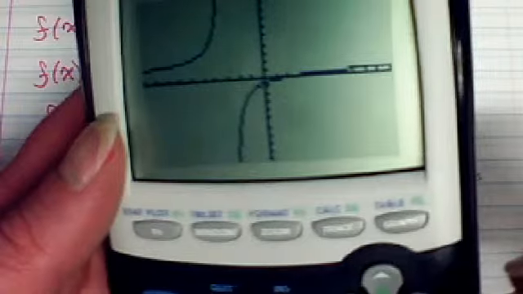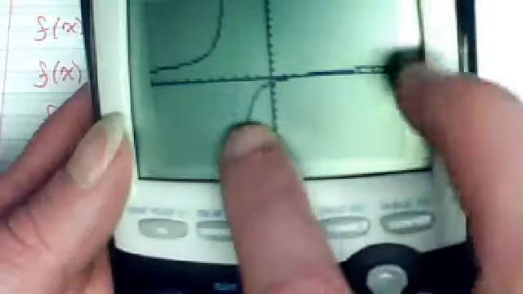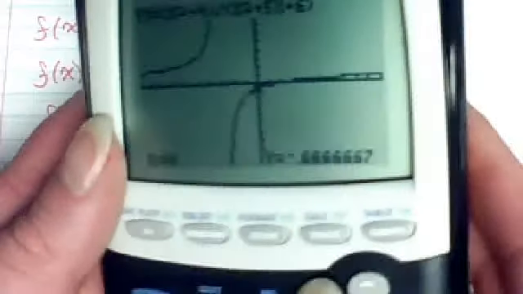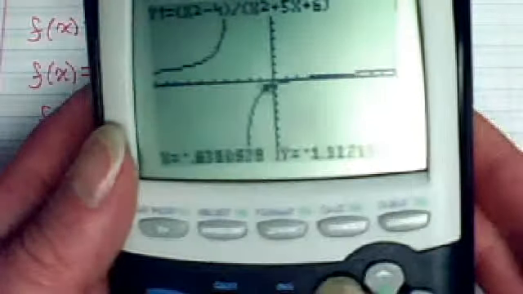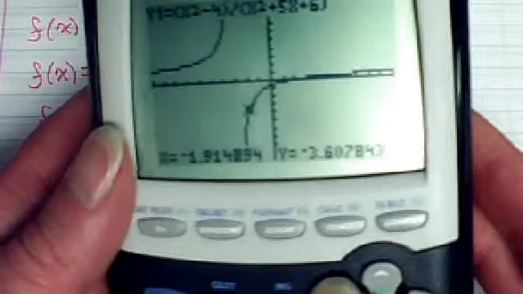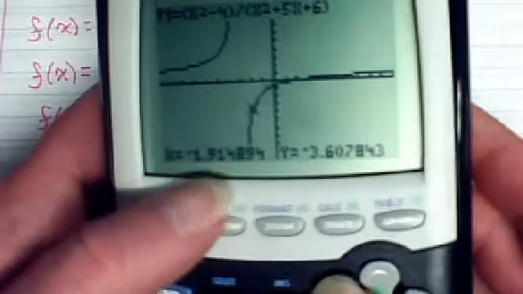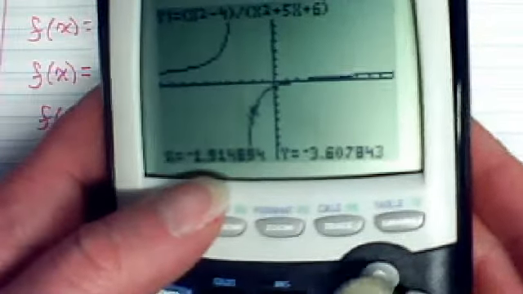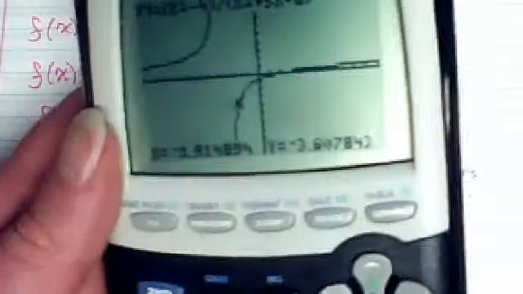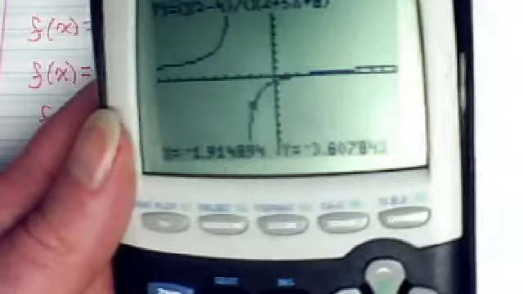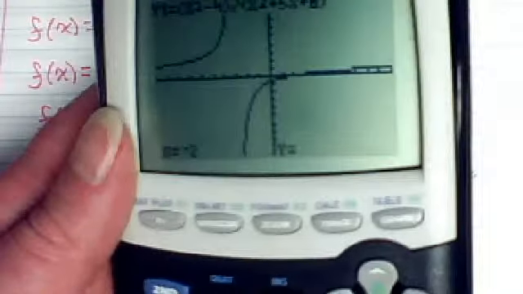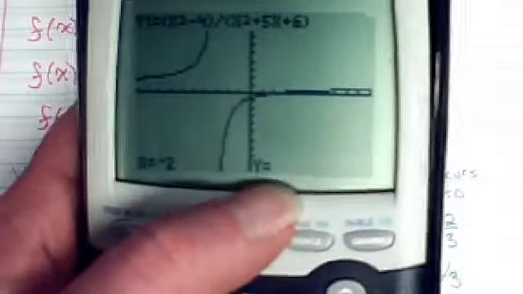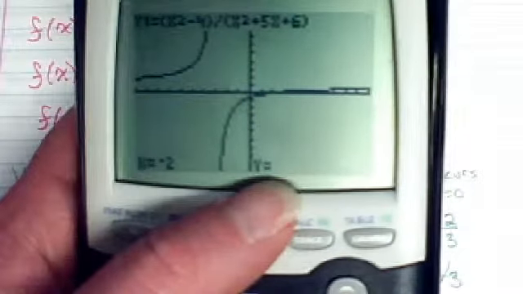Well, the graph doesn't look like it's actually there. Let's hit the trace button and kind of explore. What happens when we get to negative 2? Well, it looks like we're getting there. I'm right close to it. If you're on the trace feature, you can actually plug in an x value. It says when x is negative 2, there is no y value whatsoever.